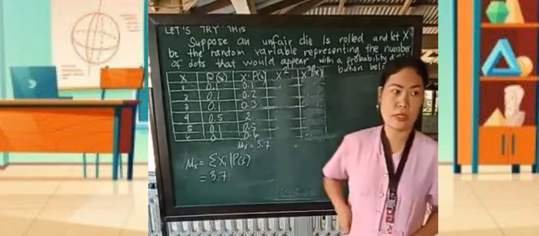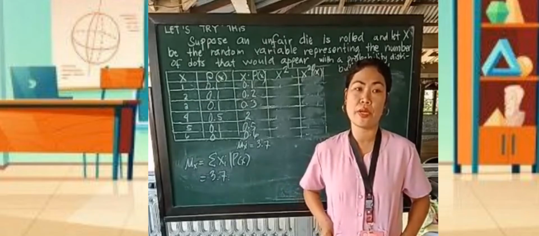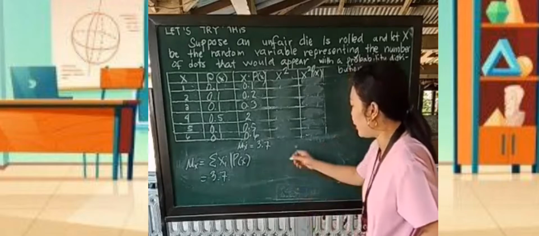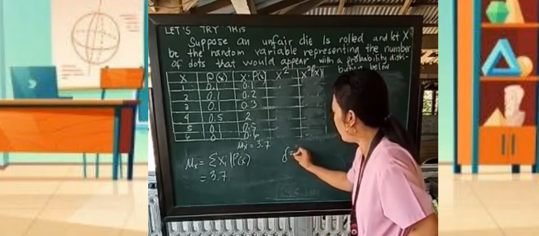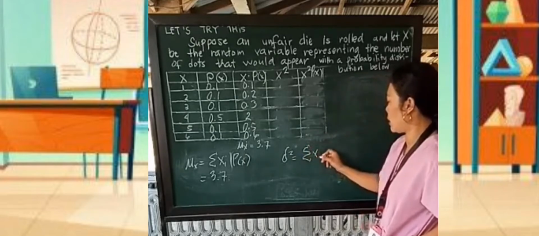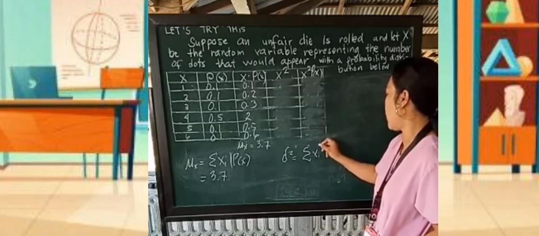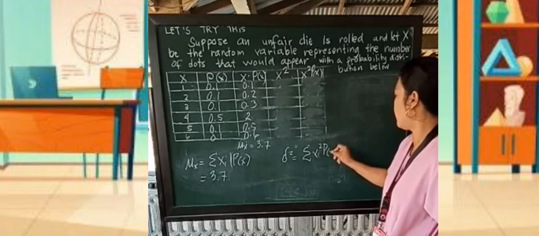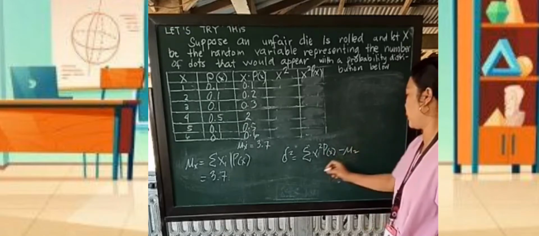Second question is, how does the assumed value of the outcomes vary from the average of the dots that would appear? To get the answer, we're going to use the formula of variance, which is equal to the summation of x sub i squared times p of x minus the mean squared.